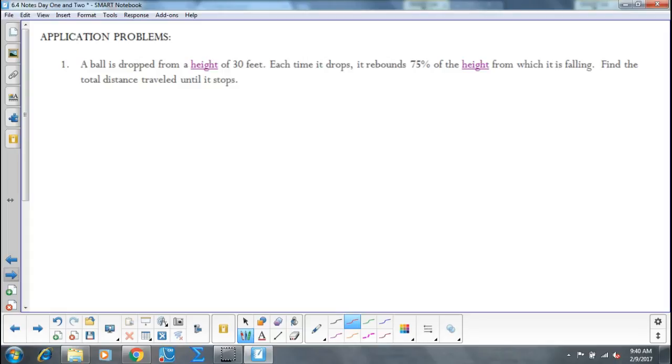A ball is dropped from a height of 30 feet. It rebounds. Okay? So let's draw ourselves a picture of this scenario. Okay? So 30 feet.